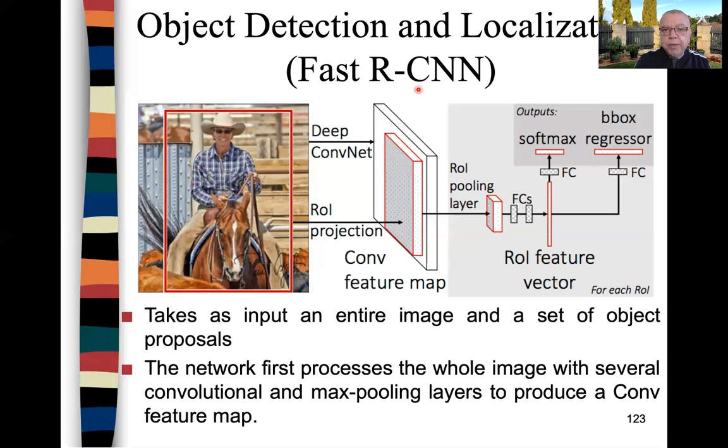What the RCNN does is it just takes these blobs and then performs classification on them. One downside of this is that it's very slow.